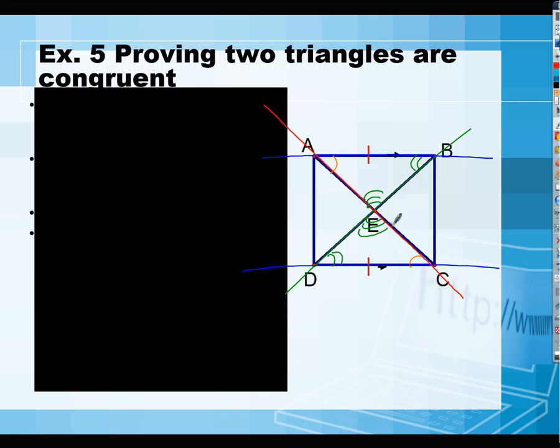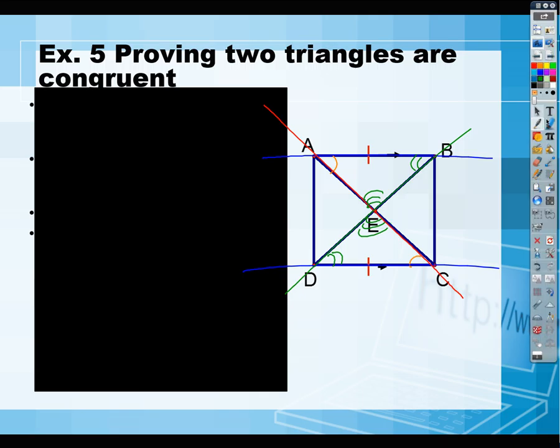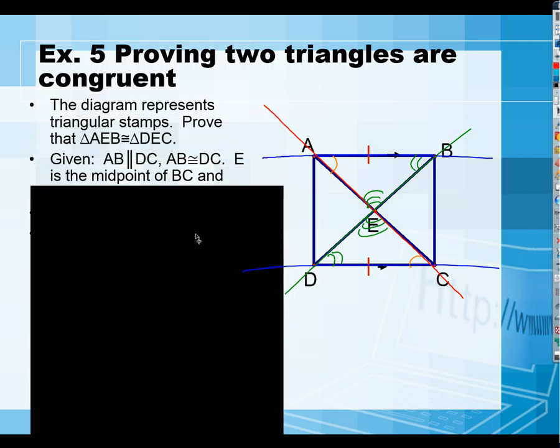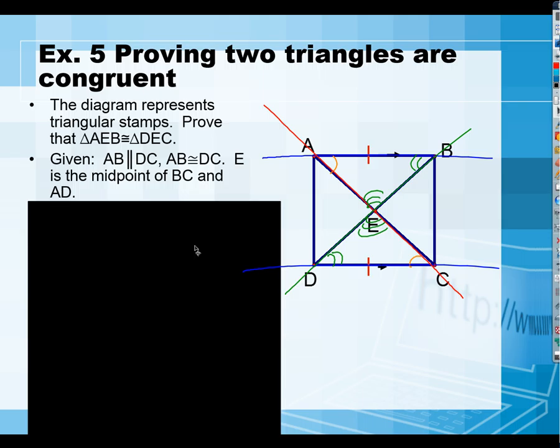What else? We have to be given, let's see, what are we given here? Okay, here's our given information. E is the midpoint, right? So if E is the midpoint of BC and AD, what does that tell us?